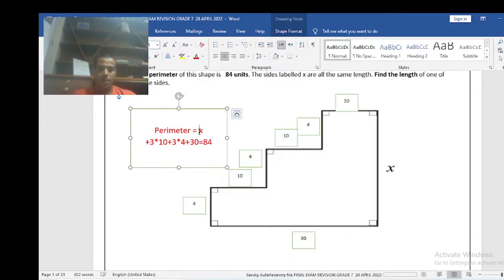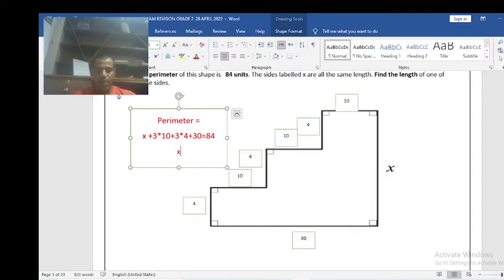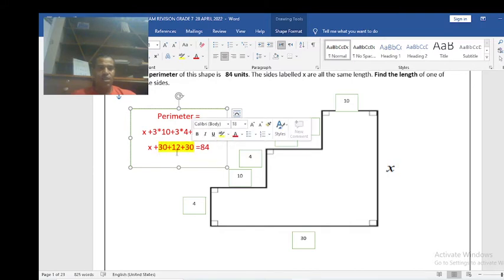Now I will make X my subject. So I will try to add all of this. I will write X plus 3 by 10 is 30, plus 30, plus 3 by 4 is 12, plus 30 should be equal to 84. Then 30 plus 30 is 60, plus this one is equal to 72.